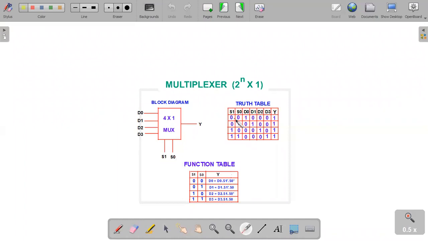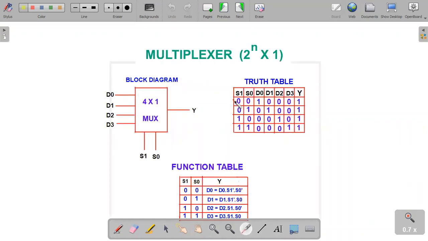Here is the truth table. When both select lines S1 and S0 are 0, the output transmits the input D0. When S0 is 1, which means 01, the decimal value 1, it gives the output as D1.